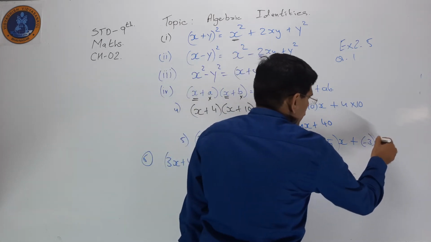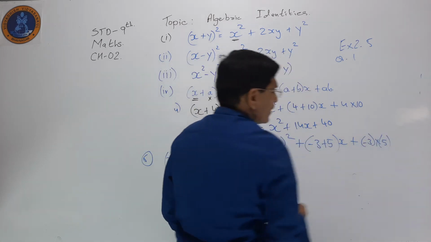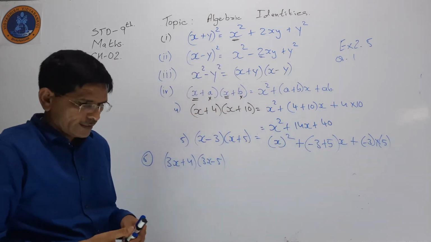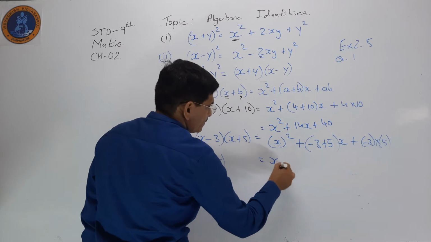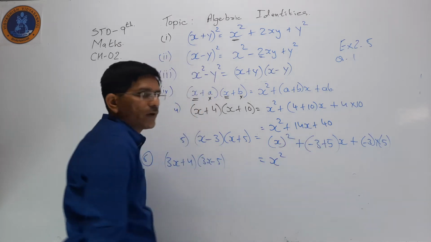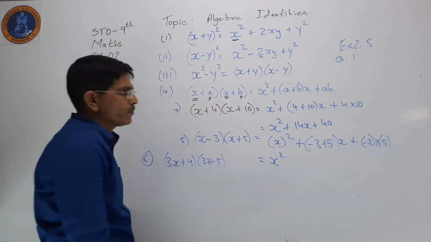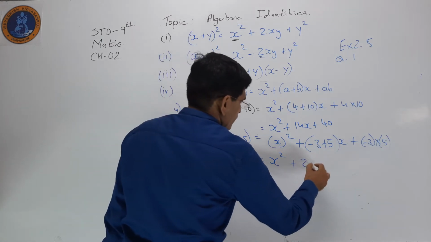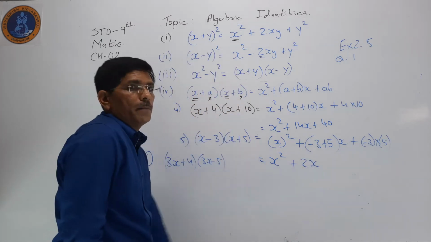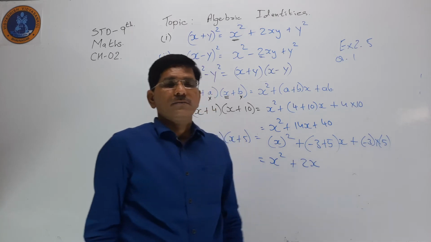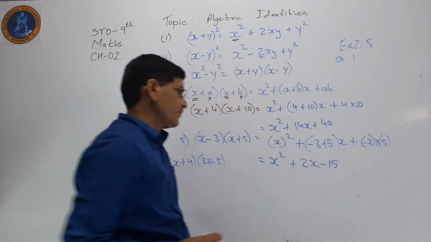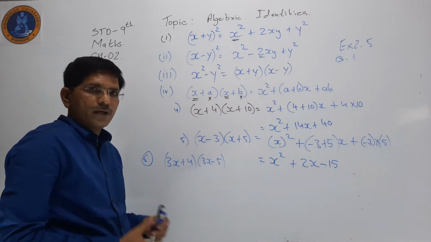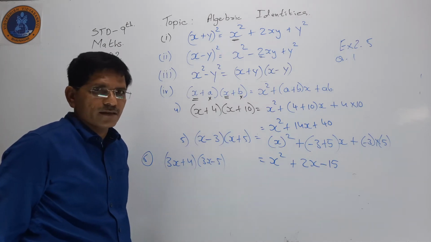Now if I open the bracket, I will get the answer. So here it is x square, minus 3 plus 5, that is 2, so plus 2x I have to write. Minus 3 into 5, minus 15. So x square plus 2x minus 15 is the answer.